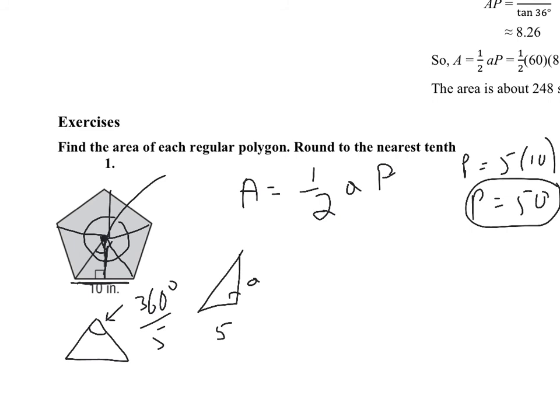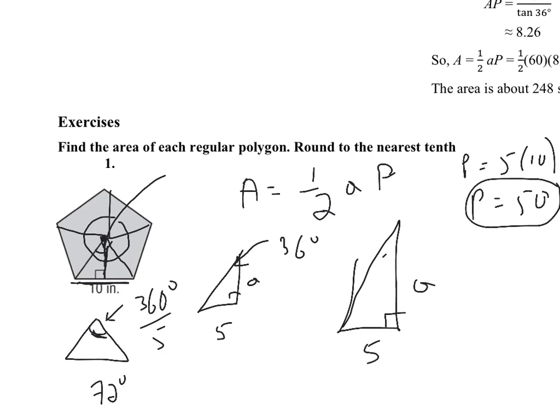So this angle over here is 72. But you have to be careful. The big angle here is 72, and this is half of it. So 72 divided by 2 is 36. So what I have right now is this right triangle: A, 5 units, and 36.